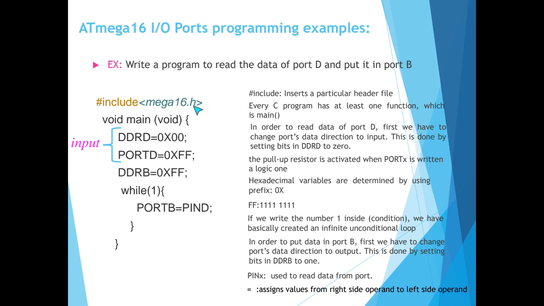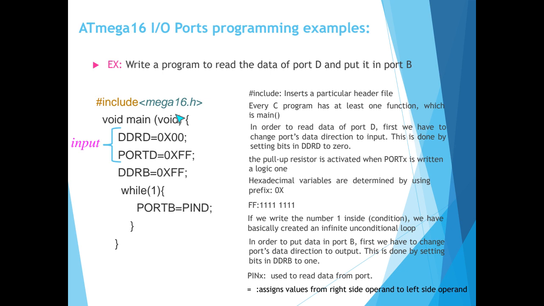Here we are using Atmega 16, and the header file related to the Atmega 16 is added to our preprocessor. We write number sign, include, then inside less than and greater than signs, we write mega16.h. However, if we want to use mega32, instead of mega16.h, we use mega32.h.